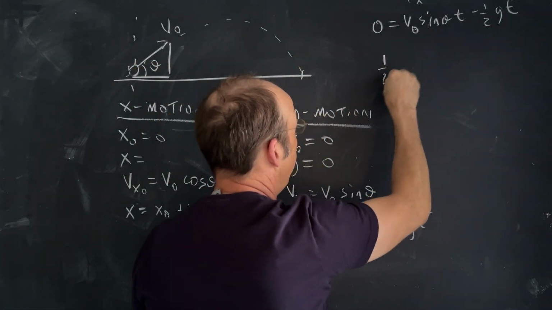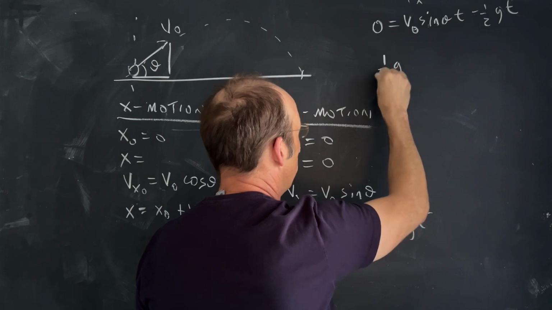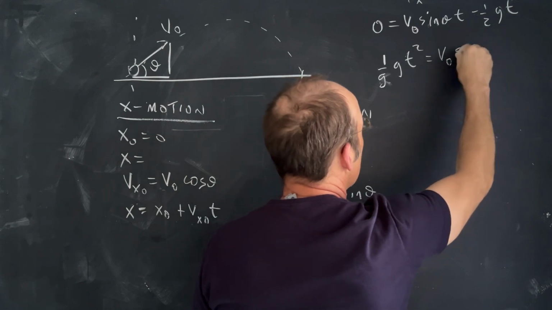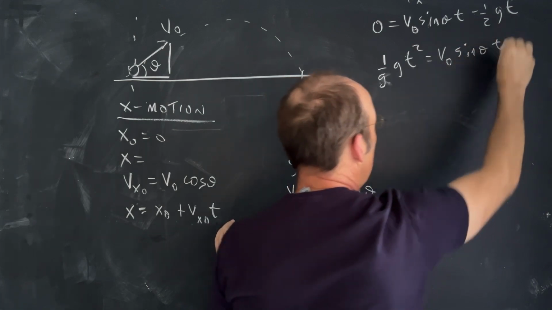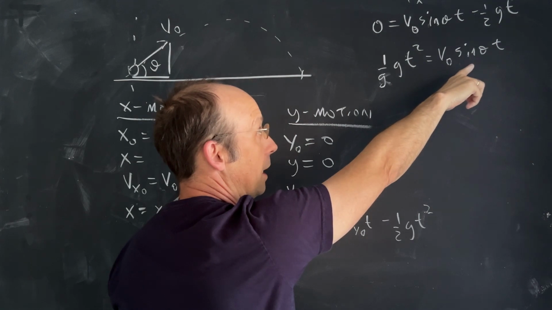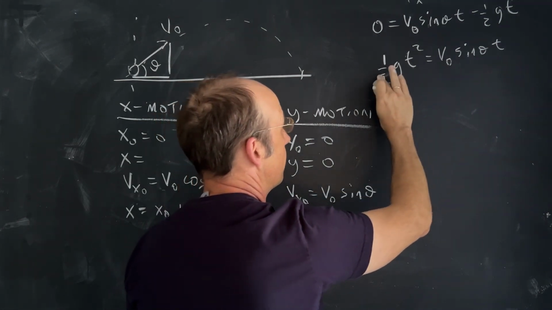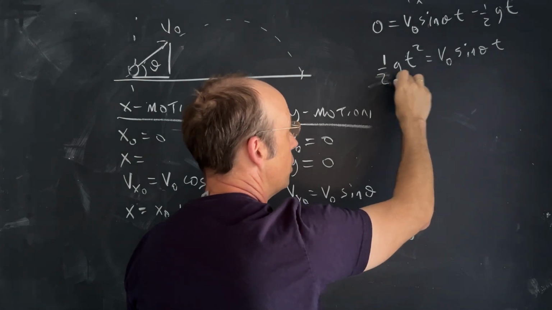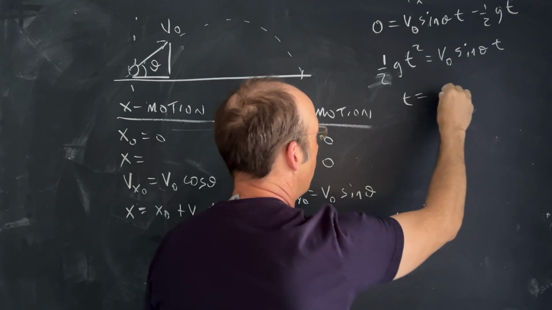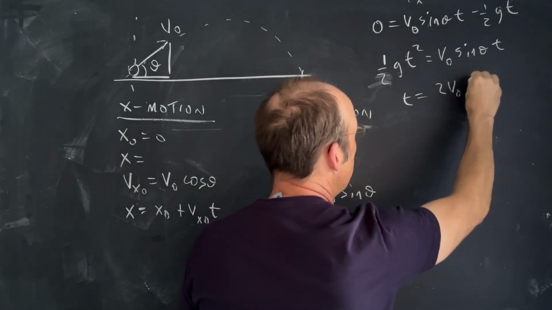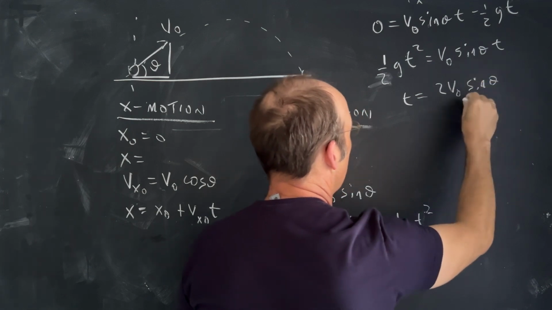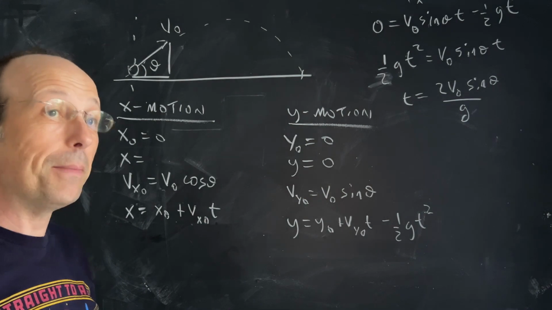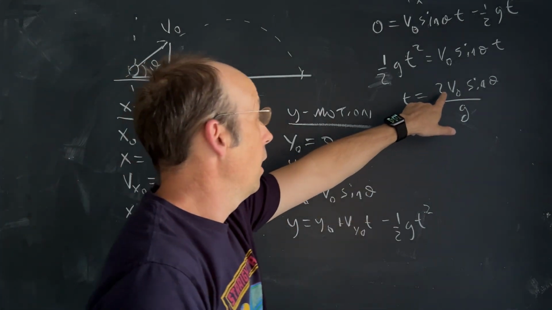I get 1/2 g t squared is v0 sine theta t. I'm going to divide both sides by t, and then multiply by 2 over g. So I get t equals 2 v0 sine theta over g. So that's the time it takes to be in the air.